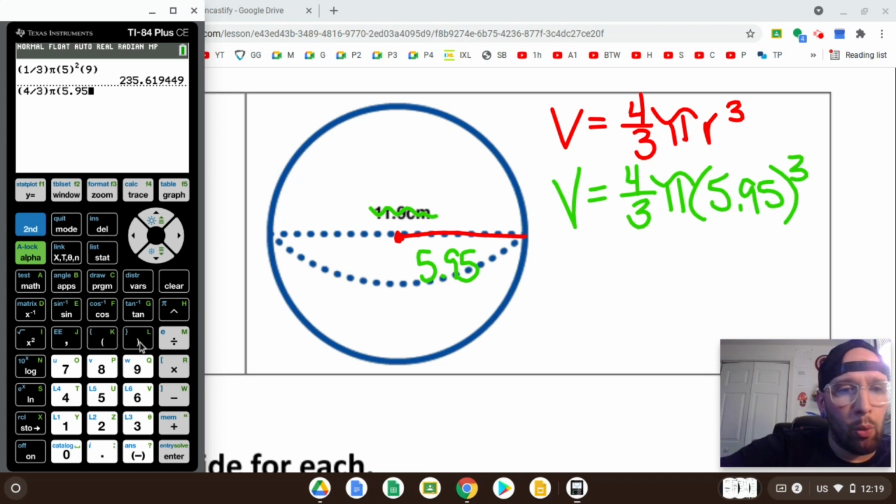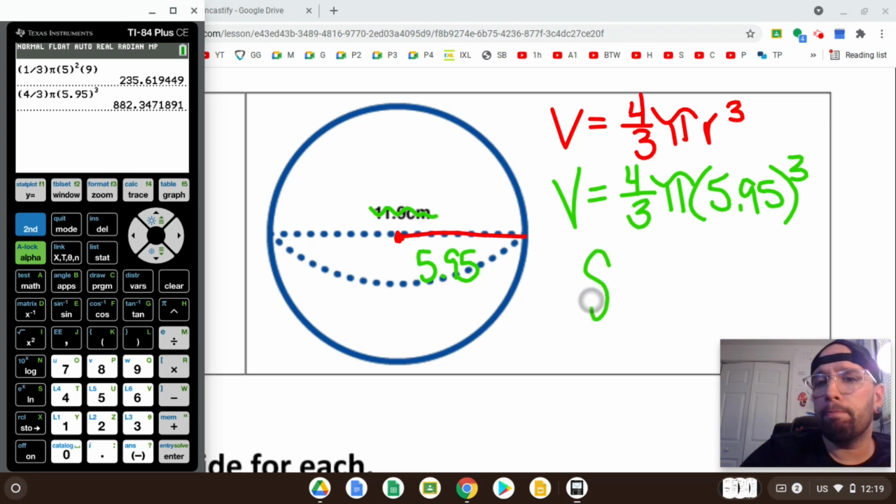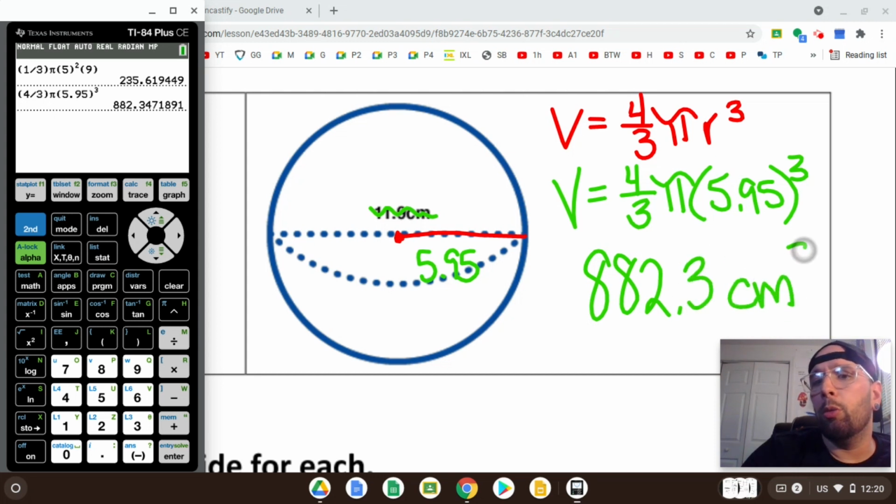The way you type out cubed in your calculator, you can either hit caret 3 or Math 3 will do it. 882.3 centimeters cubed. This is volume, so it's measured in centimeters cubed.